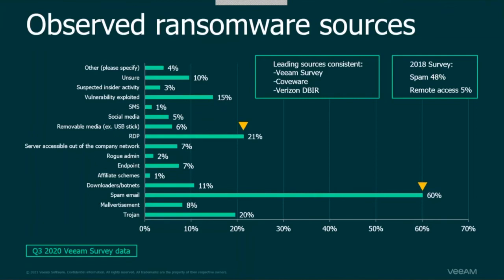Users unaware, click on the emails, and then you get the attack. And remote access is just a mere 5%. If you look at just last year, Q3, on that chart over there, which states remote desktop RDP, it has increased to 21%. Of course, spam email is still the larger percentage, at 60%.